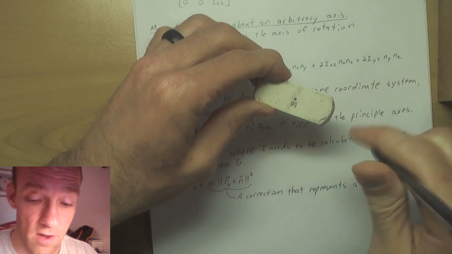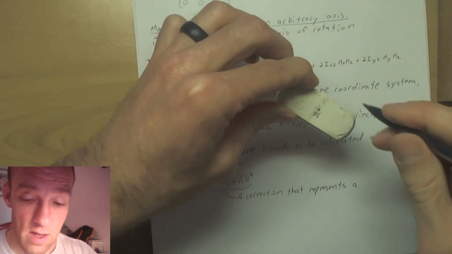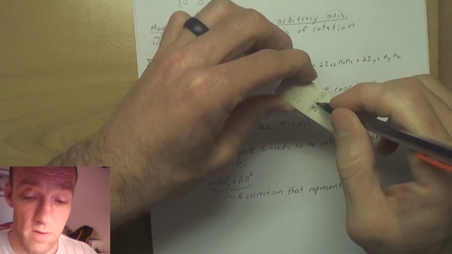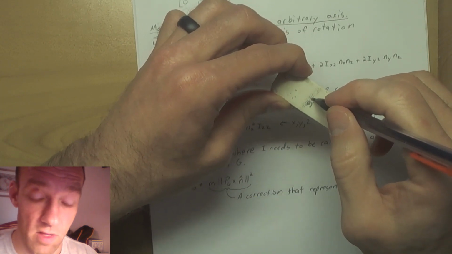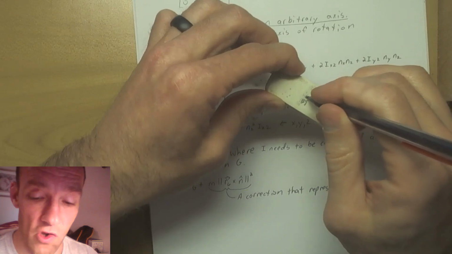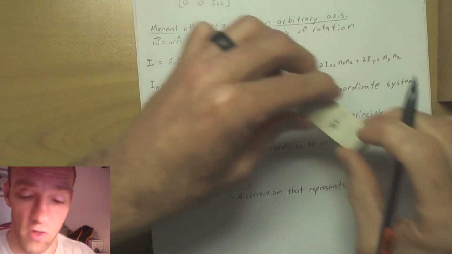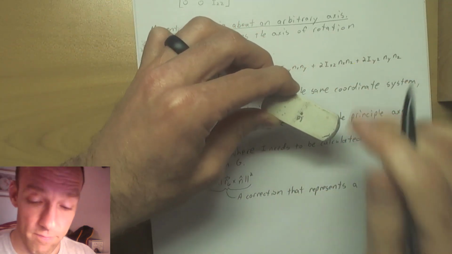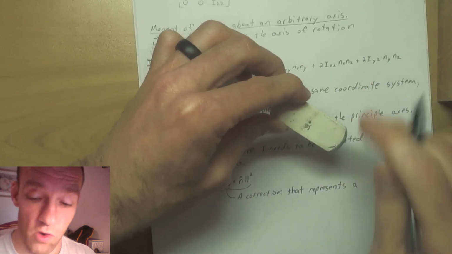And then say I need to rotate about some other point for some reason. The correction is really just the idea that it is equal to the concentration of all this mass into the point G, and then the moment of inertia you would get about the point at which you're trying to rotate.